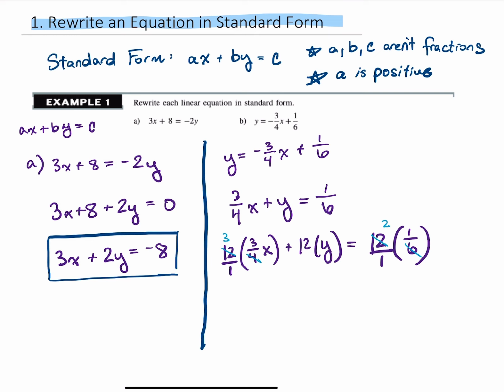So that should leave us with 9x because the 3's will multiply now, 3 times 3. The y just picked up the 12 because it was like 1y originally. And then this will be equal to positive 2. So we got 2 times 1 on the right side. Now there's no fractions and the first term is positive.